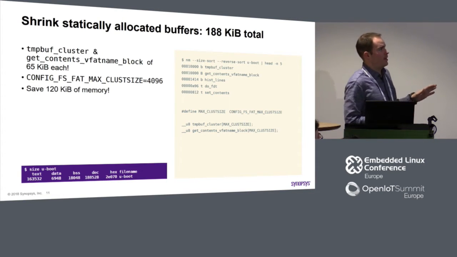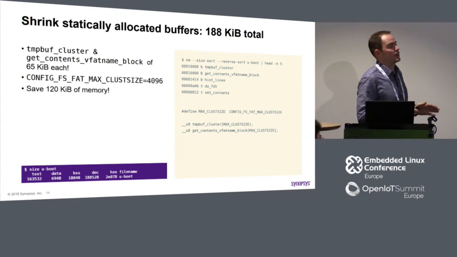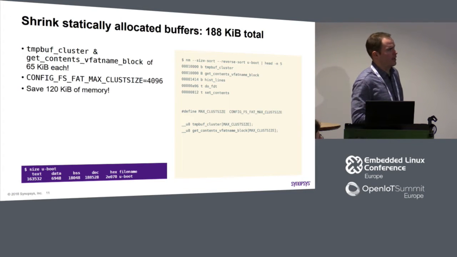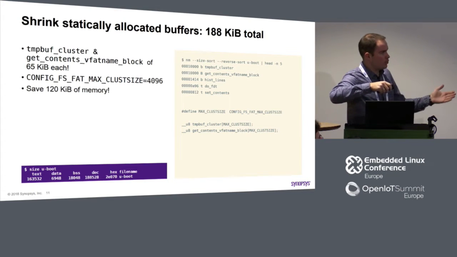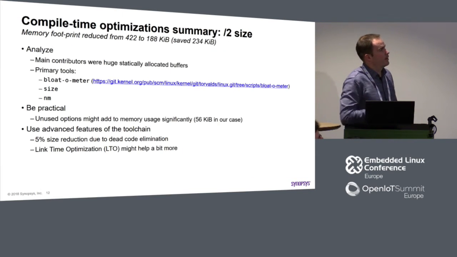So 4K is actually quite a safe setting. At least for me, I was quite happy with that, but still, by default it's 64K, and if you have gigabytes of memory, you don't really care. So it looks like we were able to significantly reduce our memory footprint. You see from 422 kilobytes to less than 200 kilobytes, which is quite impressive.